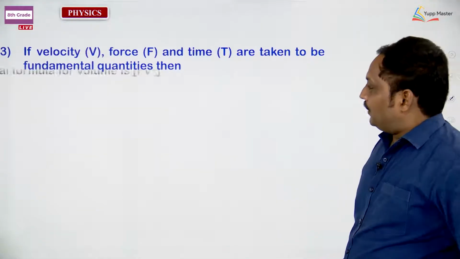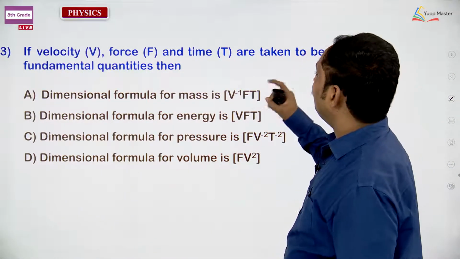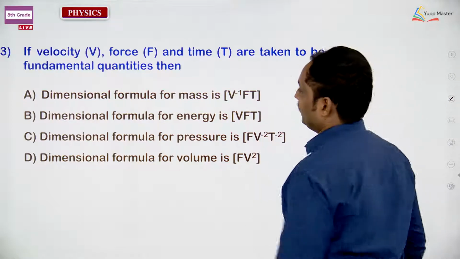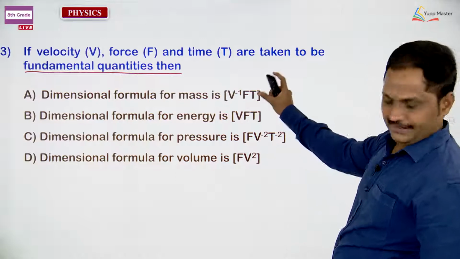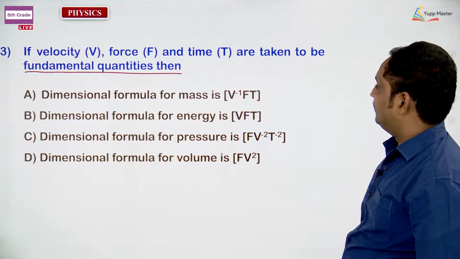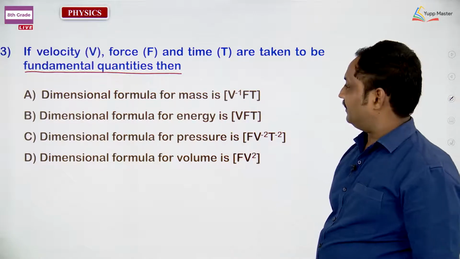Yes, you can take that. This is one problem. If velocity v, force F and time t are taken as fundamental quantities, then which is correct for this one? Then the dimensional formula of mass and energy, we have to verify which is correct.